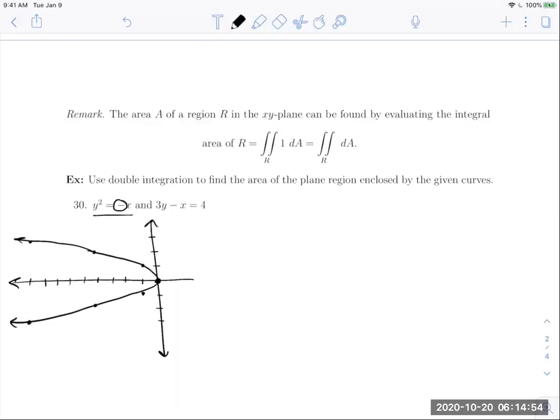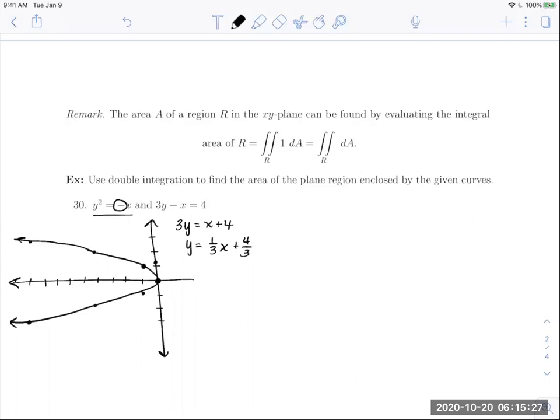All right, next let's sketch the line. I'm going to transform it into y equals mx plus b. So I have 3y equals x plus 4. So y equals 1/3 x plus 4/3. All right, so our y-intercept is somewhere around here. You'll notice when x equals negative 1, y becomes negative 1/3 plus 4/3 is 1.